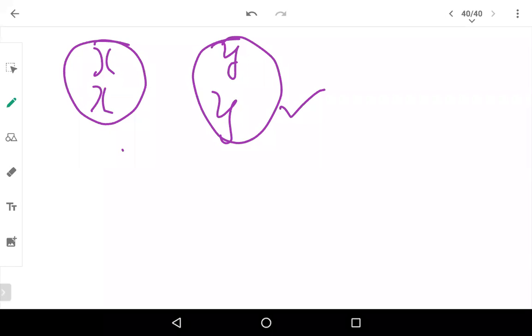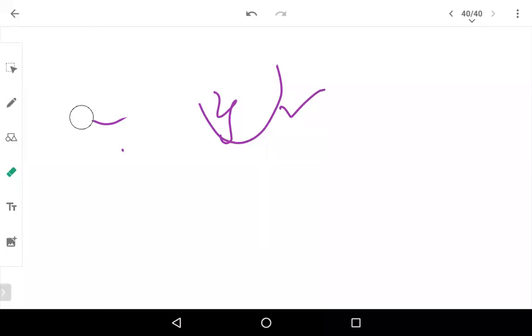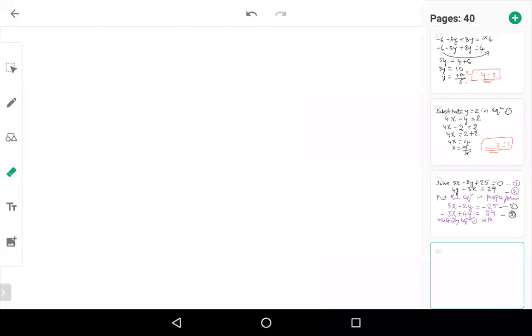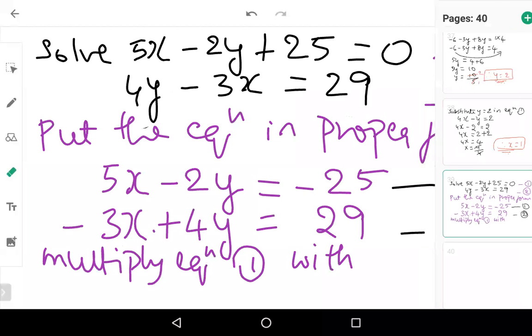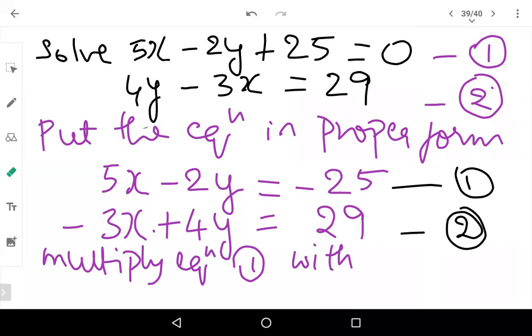You will still get the same answer, do not worry about it. You can also try with x, but let us try one with y also. Now if you see here, y and y, we have to multiply equation 1 with 2 and equation 2 with 1, if you're able to understand.